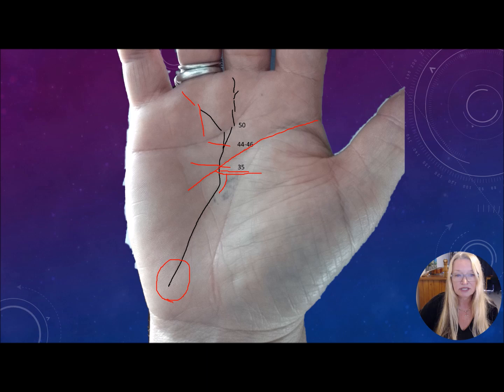So when it crosses at that point, that is approximately age 35, sorry. Then you can see that the fate line continues fairly well without too many interruptions. There may be a couple of other interfering lines there, but nothing major.